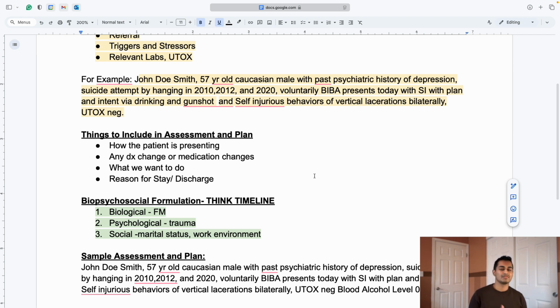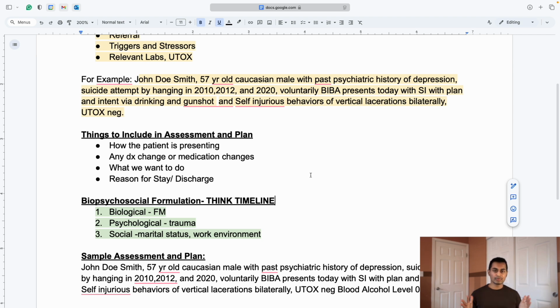So, for example, if this is the patient's first time coming in with any impulsive self-injurious behaviors, and they don't have any of the biological or psychological issues, and maybe some social issues like bullying or work issues, that might look different and present differently than someone who has this history of issues along with their past psychiatric history, and depending on what their insight looks like.